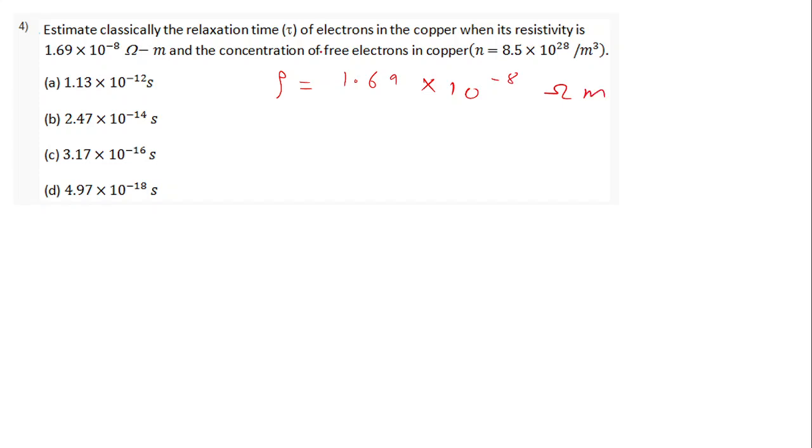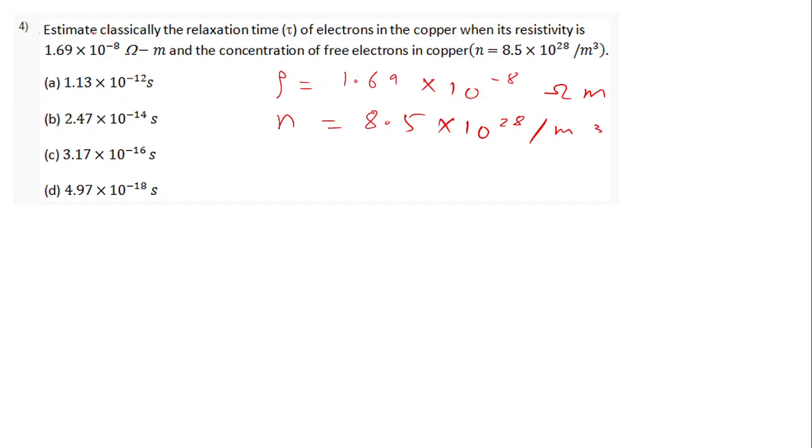And the concentration of free electrons in copper is per meter cube, meaning number density of electrons is given, and we know copper is monovalent, meaning one atom contributes only one electron. So the number of electrons per unit volume will be 8.5 times 10 to the power 28 per meter cube.